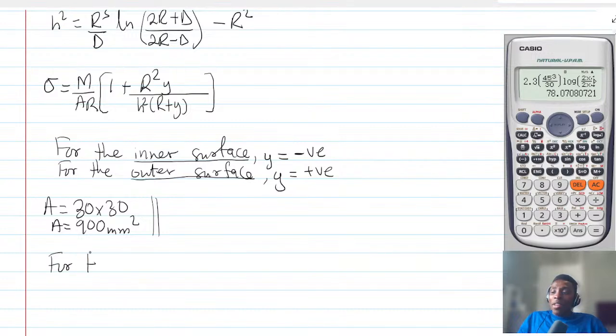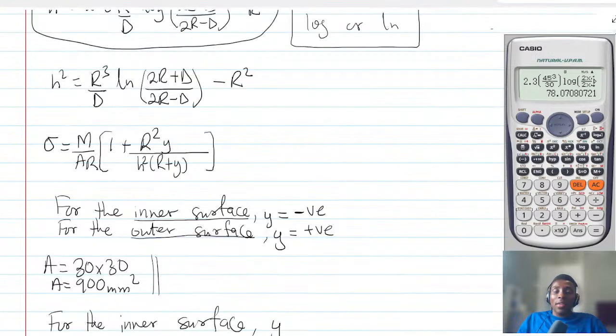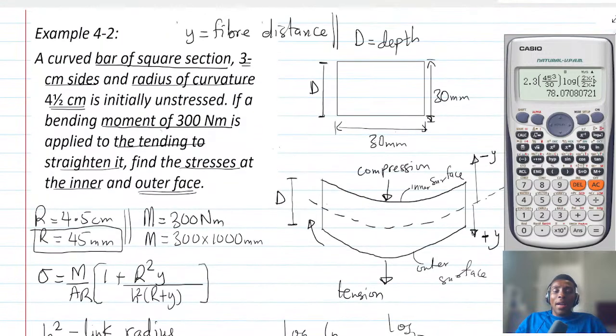So for the inner surface, again the y, which is the fiber distance, will be d over 2, because the neutral axis will divide the beam into 2 equal halves.